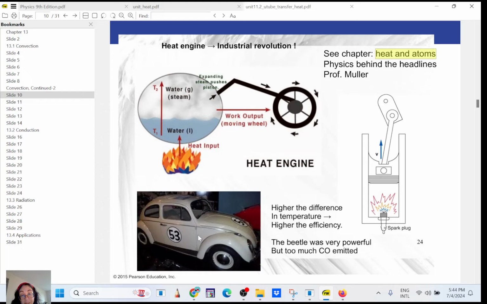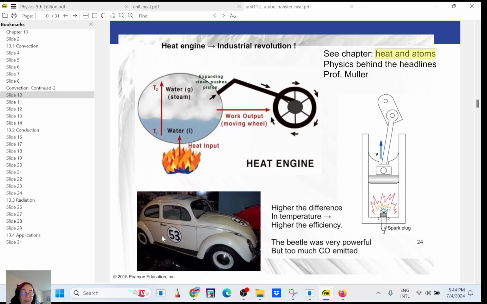So that's an interesting story here. I think that this car, it's called the Beetle. It was developed during World War II by the Germans, by the Nazis, I think. And these cars were really efficient because they had a very hot reservoir inside, when they were burning fuel.